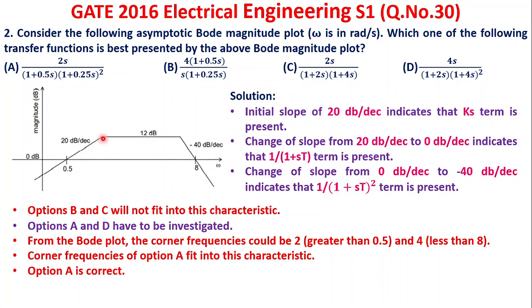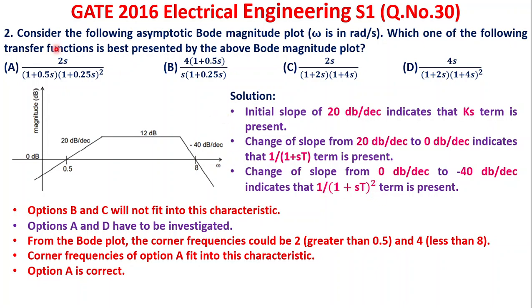Therefore, going from 20 to 0 dB, there should be a factor corresponding to 1 by 1 plus ST. Then at this corner frequency, the slope changes from 0 to minus 40, which means a reduction of minus 40 dB per decade, double the minus 20 dB per decade. So here the negative slope is minus 40 dB per decade, therefore we must have a 1 by (1 plus ST) whole square term present.